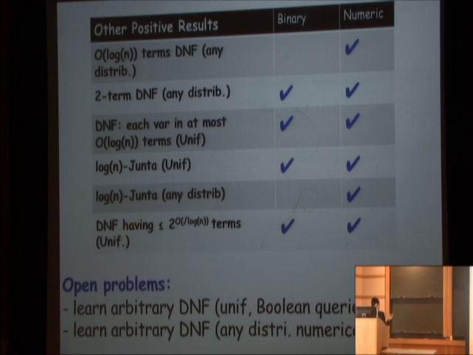In other words, can we learn arbitrary DNF on a uniform distribution using Boolean queries? Or can we learn arbitrary DNF under general distribution using numerical queries? We know that you cannot do it with Boolean pairwise queries, and you cannot do that with approximate numerical queries. So you will have to do it with exact numerical queries.